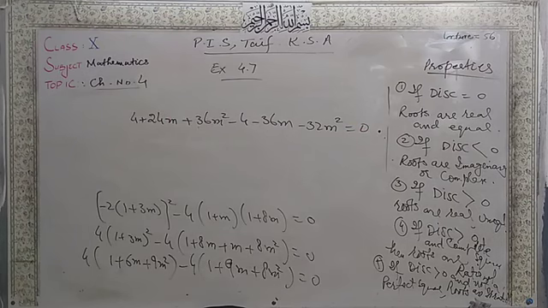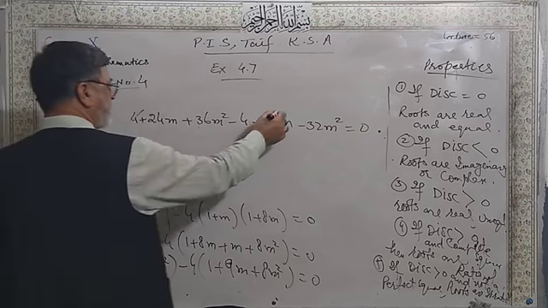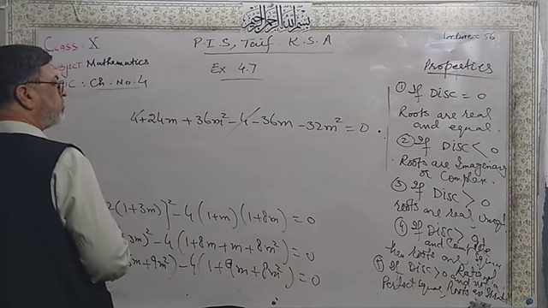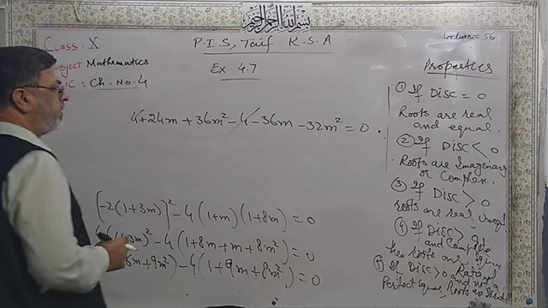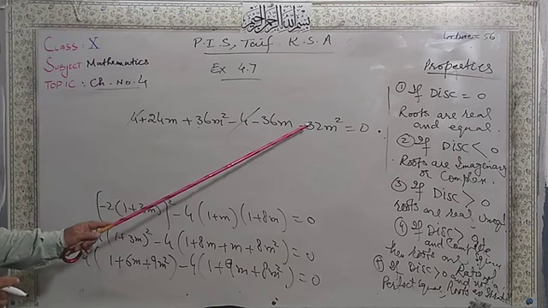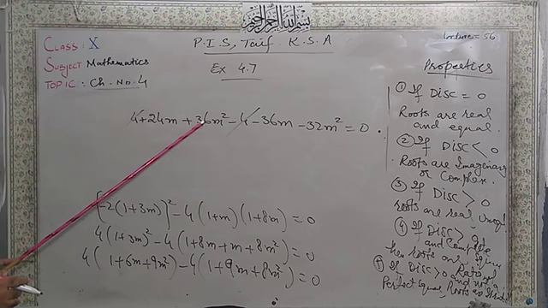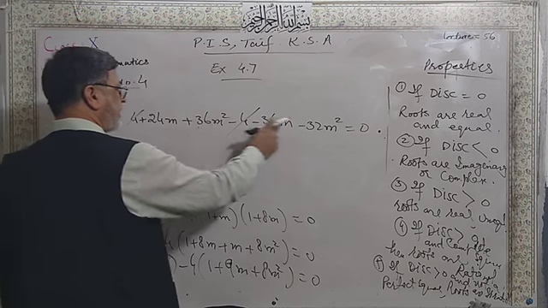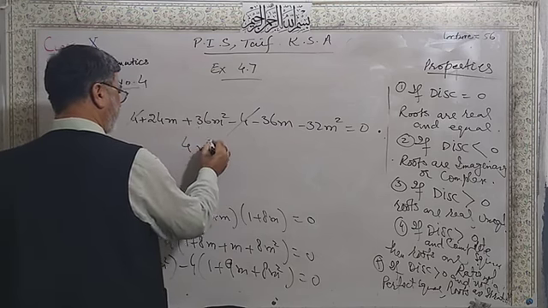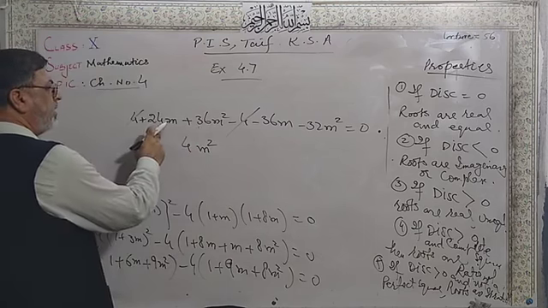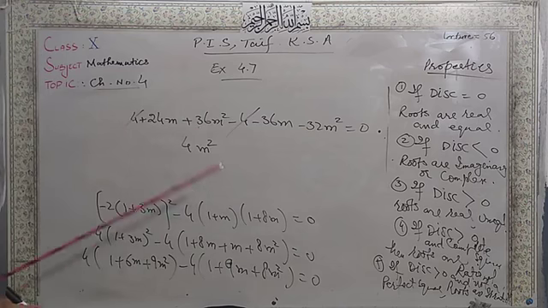Dear students, 4 and 4 cancelled out. 36m square minus 32m square, what will be 36 minus this? It is 4m square. Then 24m minus 36m, what will be that?